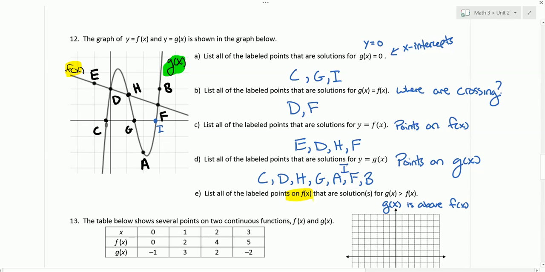So what part of f of x is g of x above f of x? This is a part of f of x where the curve is above it. And this is a part of f of x over here where the curve is above it. Okay.